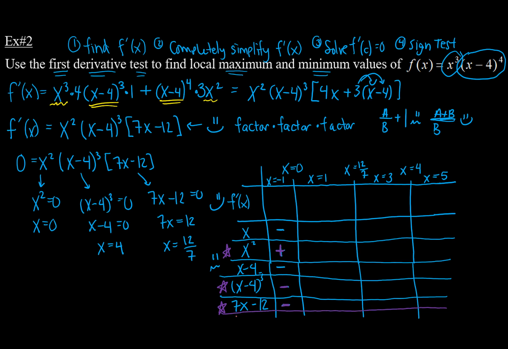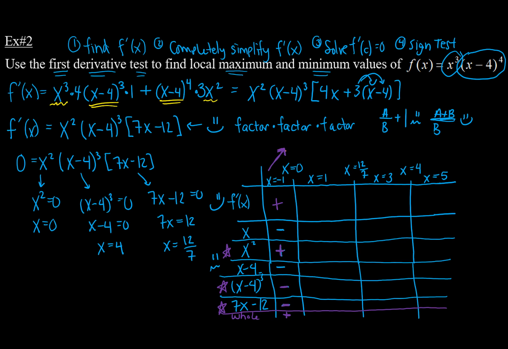All right, so a positive times a negative is going to give me positive. So this tells me that it's increasing here. If I plug -1 into the derivative, I would also see that this is positive. So it means that it's increasing at x equals 0.